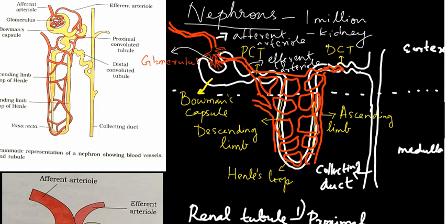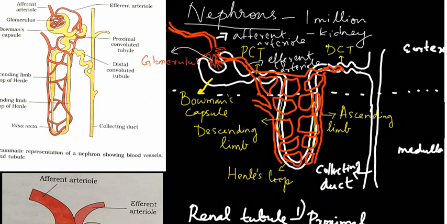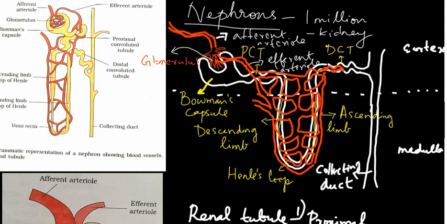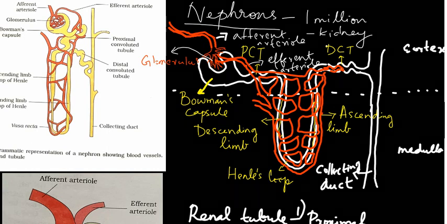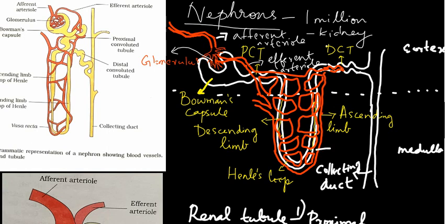Peri means outside. So since these capillaries are lining outside the kidney tubule, they are also called peritubular capillaries. And the peritubular capillaries running parallel to the Henle's loop are called vasa recta.